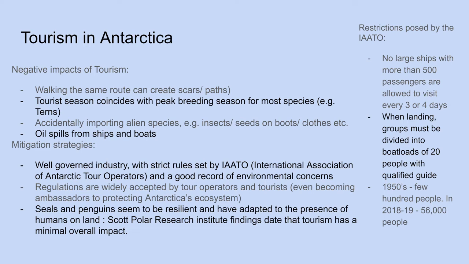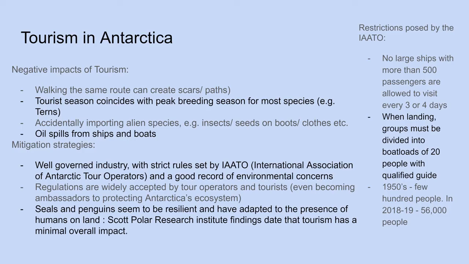An example we can use is terns. Terns' peak breeding season is between March and November. Some terns can abandon their nests or can migrate to different areas because of the disruption.